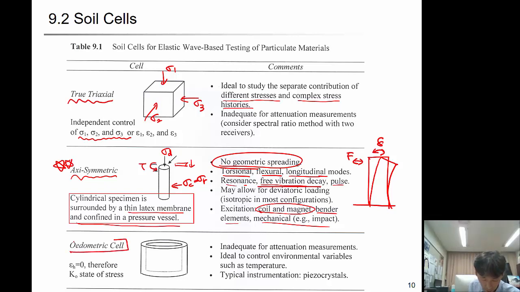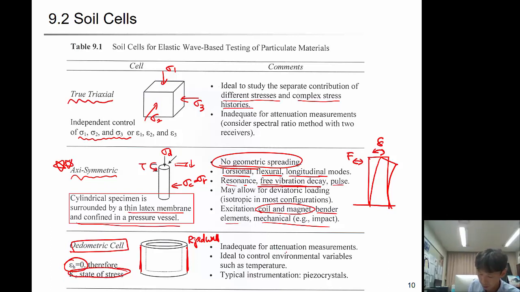And oedometer cells have a rigid wall. So you can have a metallic wall that's containing the soil, like a cup, or it can be plastic. But the oedometer cell typically refers to the cell that doesn't allow horizontal strain, so it's in the K0 state of stress.